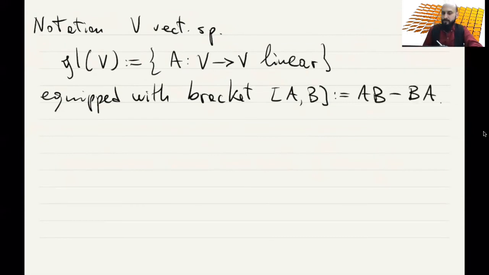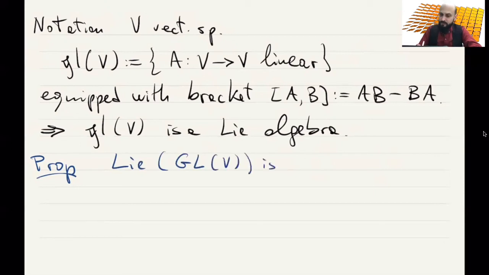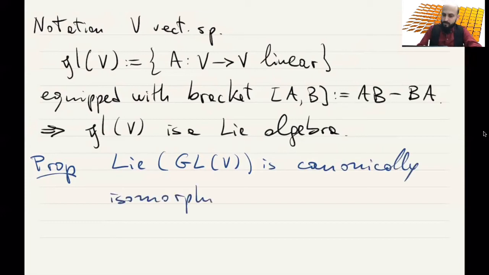We discussed briefly in the previous video this definition, and gl(V) equipped with this bracket is a Lie algebra. Now the important fact is that the Lie algebra of the group GL(V) is canonically isomorphic to gl(V). That's why we chose these names.